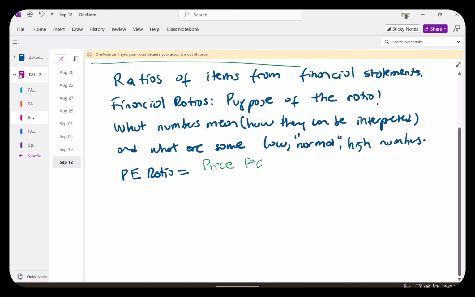Price per share divided by earnings per share. And generically, we're going to write that as P over EPS. Earnings is another name for the net income of the company.